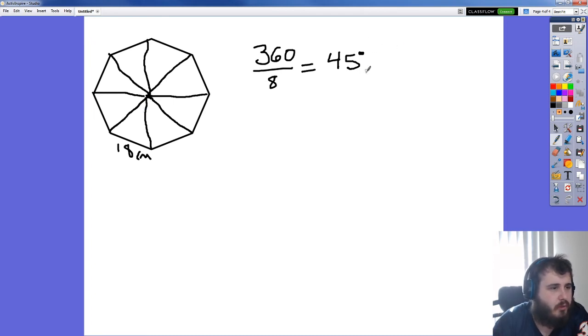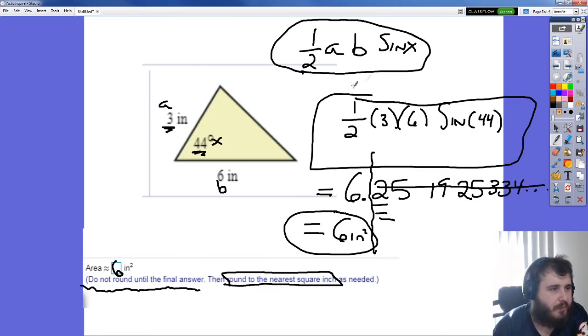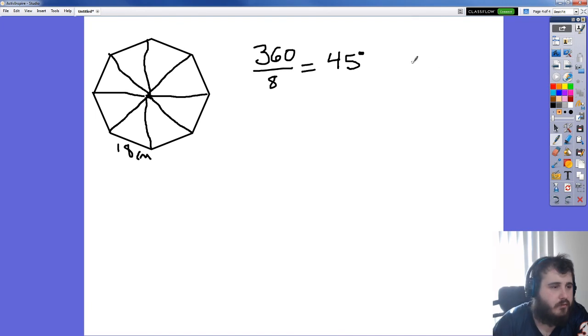So this is the number when we're doing our formula here. This is what x is going to be. So we've already got x, right? So this is our x. Now the next thing you have to deal with is trying to figure out these lines up here, because they're the same.